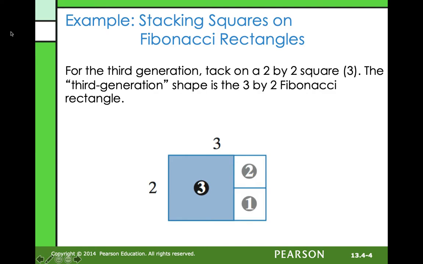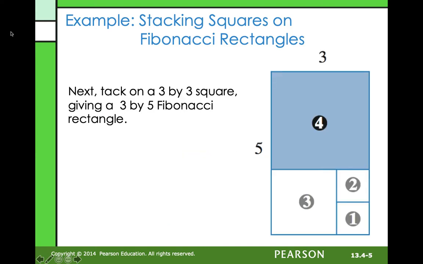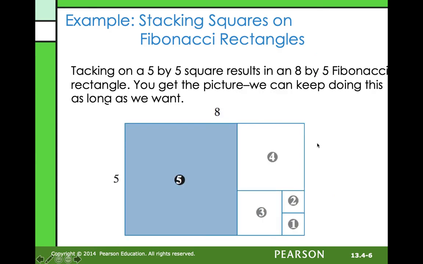So the third generation is the 3 by 2 Fibonacci rectangle. Now we're going to take that rectangle, which remember had a length of 3, and attach a 3 by 3 square, giving us a 3 by 5 Fibonacci rectangle, which we're going to call generation 4. And by then, you can probably catch on to the pattern.